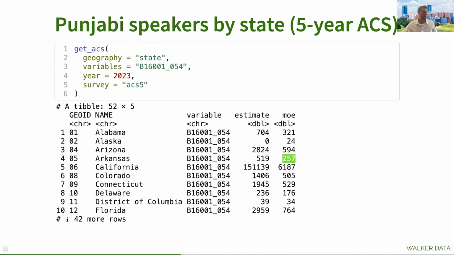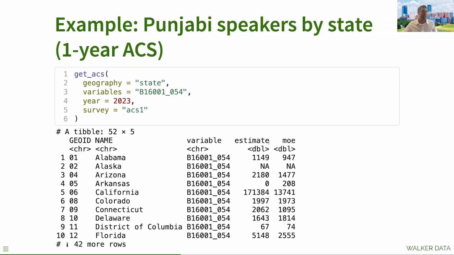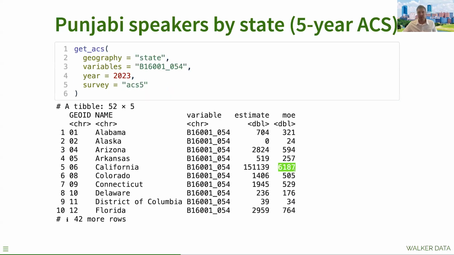And so the margin of error now for DC, for Delaware is below the estimate. For Alaska, we get a value back. It's still 0. So there's maybe only a handful, but that gives us a little bit more reliability. And even for a place like California, that margin of error drops from 13,700 all the way down to 6,100.